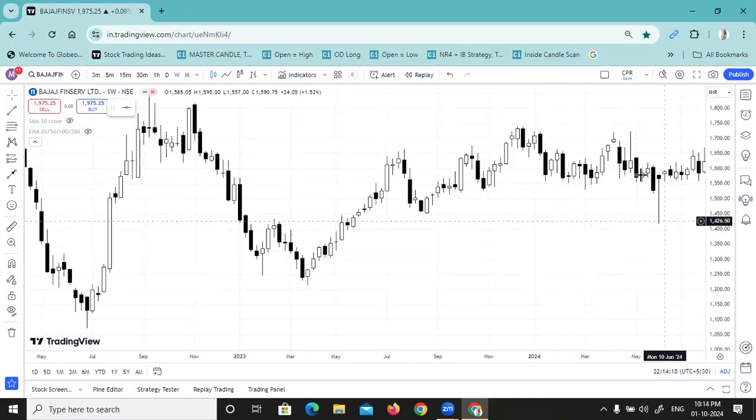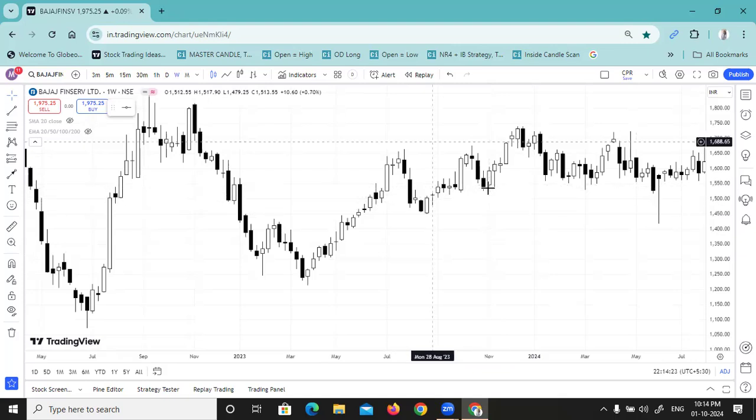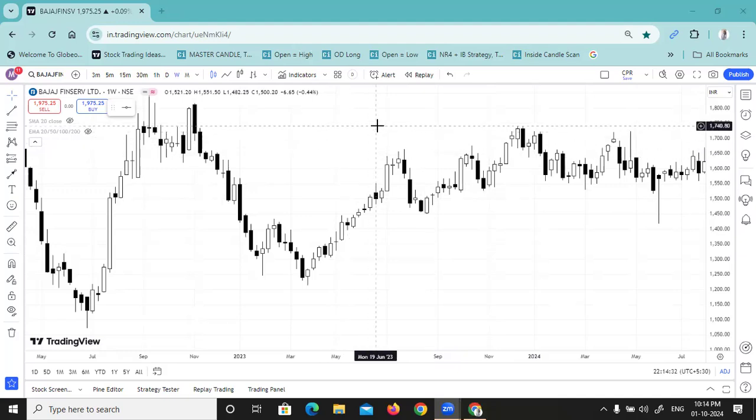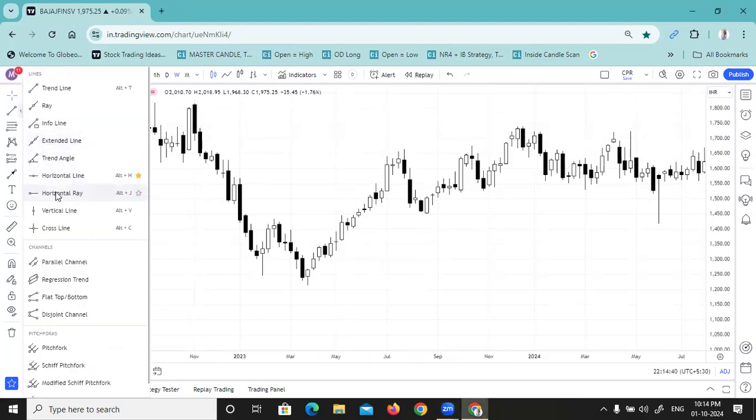इसको आप support के लिए you can look at from November onwards and see where price is taking support. Right? 1740 के आसपास रेजिस्टेंस दिख रहा है मुझे.